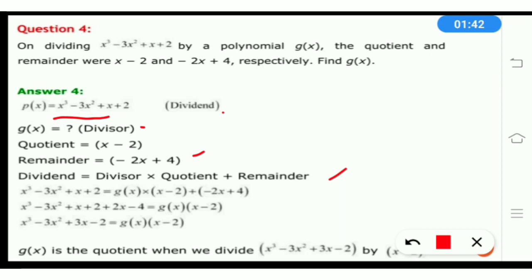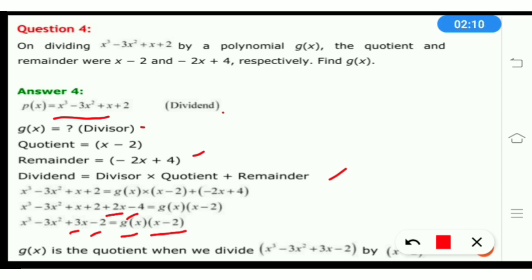So x cube minus thrice x square plus x plus 2, here is minus twice x, that's why plus twice x, and plus 4, so minus 4, equals g of x into x minus 2. That means x cube minus thrice x square plus thrice x plus 2 minus 4, so minus 2, equals g of x into x minus 2.